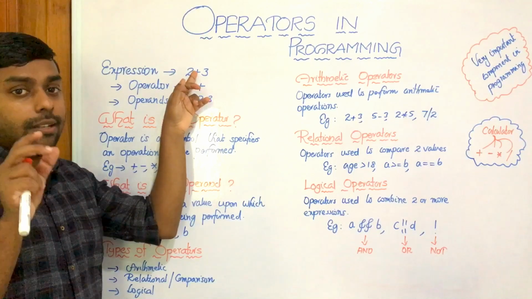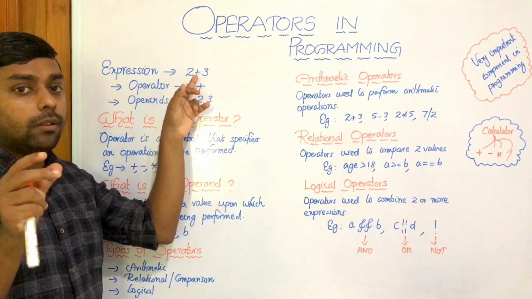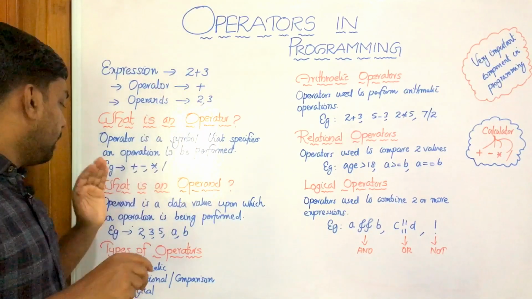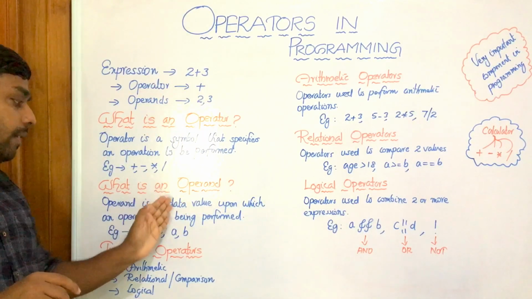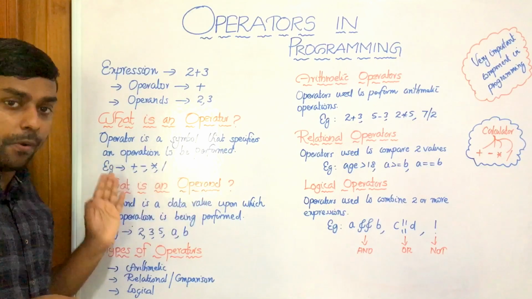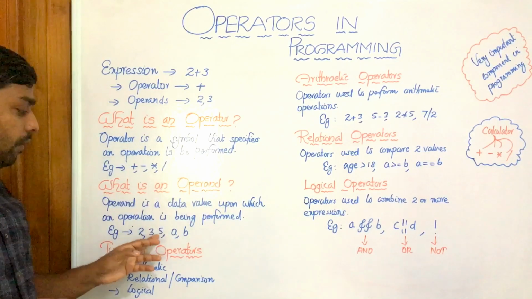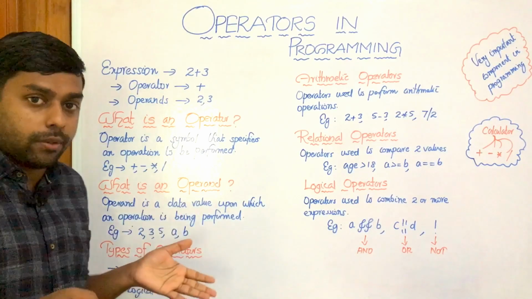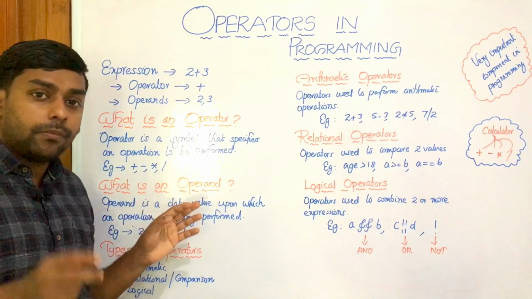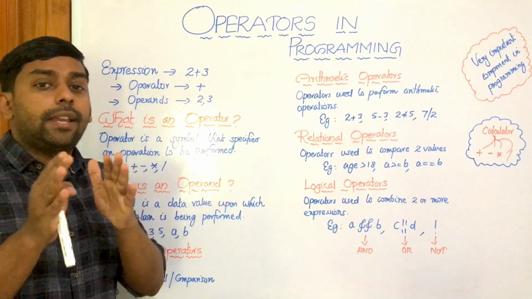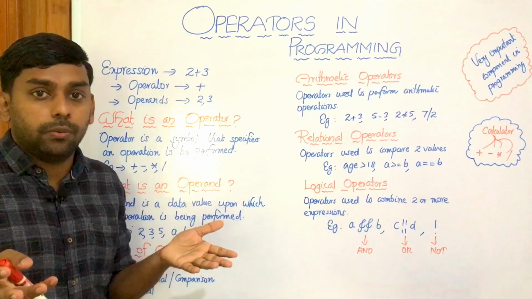So plus is performed on 2 and 3. These are the operands. So an operand is a data value upon which an operation is being performed. Examples: 2, 3, 5, A, B. What about A and B? 2, 3, 5 are direct values, but A and B are variables, and the specialty is A and B can hold any value, right?